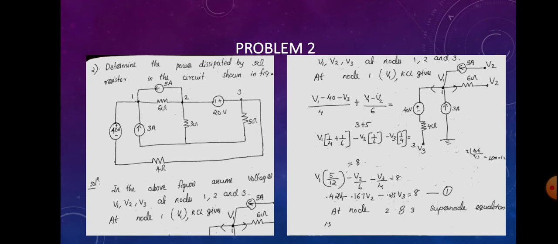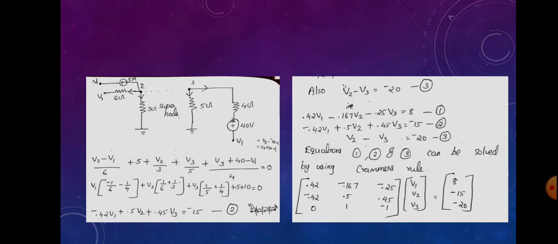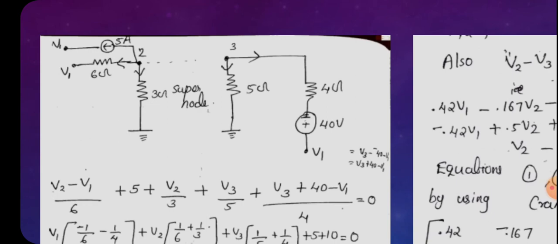And next, when we are considering the third node, 5 ohm resistor is connected to the third node, and its one end is connected to ground potential, and also at node 3, 4 ohm resistor is connected, but its other end is not connected to ground point, it is connected to 40 volt battery. Okay, and then it is connected to V1, node V1. Okay, so we can draw the super node like this. Okay, that is the explanation for this super node diagram. Okay, you should clearly understand it.